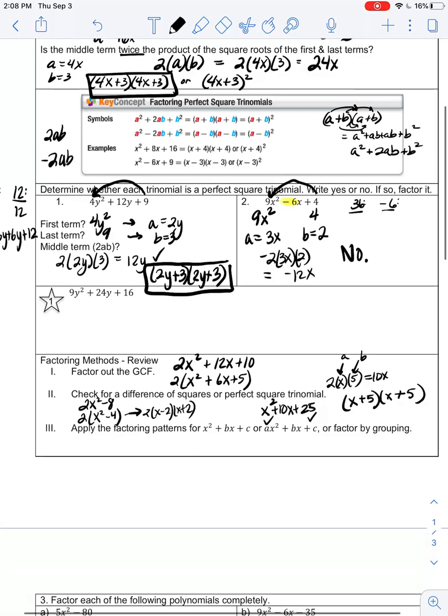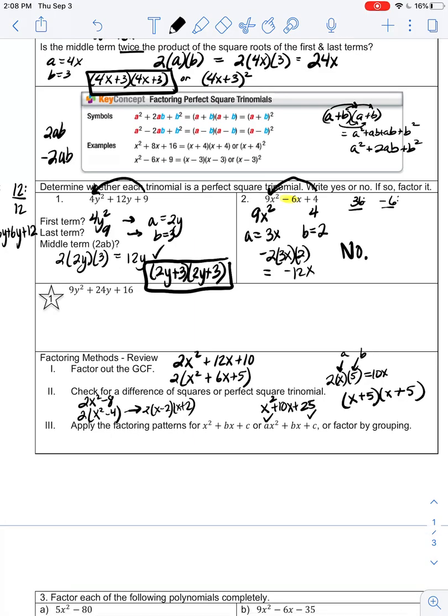Okay, and if you don't have either of those, then your last thing to do is to just start factoring. And if you have 4 terms, then you're going to factor by grouping. If you don't have 4 terms and you have a leading coefficient of a, then you need to break it up and do your 2 separate columns, come up with your factors, and then you'll end up forming it into 4 separate terms.